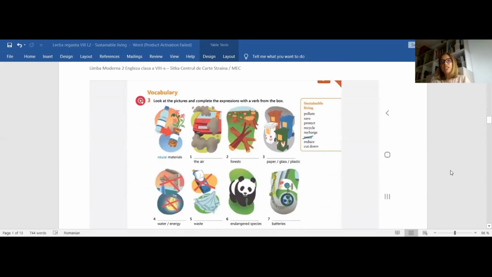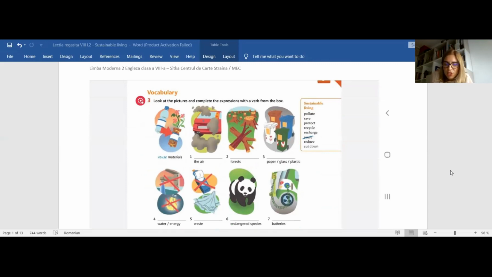So I would like you to have a look at these pictures and complete the expressions with one of those verbs in the box next to the pictures. Of course, all the verbs are about sustainable living. Pollute, save, protect, recycle, recharge, reuse, reduce, and cut down.